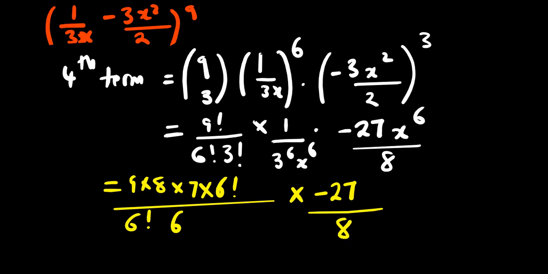Then we've got x to the power 6 and x to the power 6. They are going to cancel, so allow me to cancel them in advance. Then I've got 3 to the power 6. That's the one I'm thinking about.